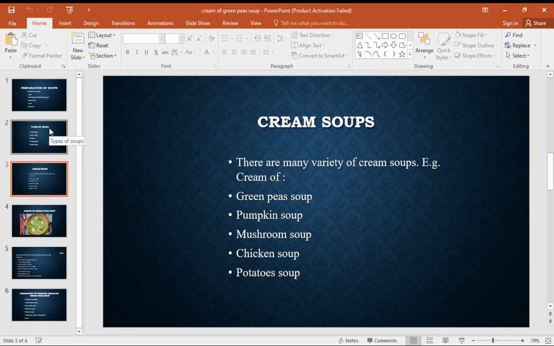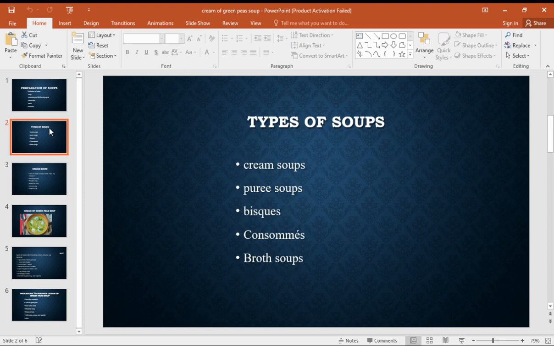Next, we are going to look at types of soup. There are so many types of soup, not only those that you can see on my screen, but these are some of the few types. We have cream soups, puree soups, which is more or less the same as cream soup.